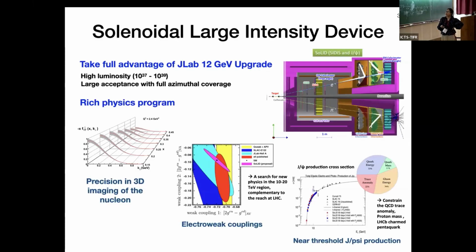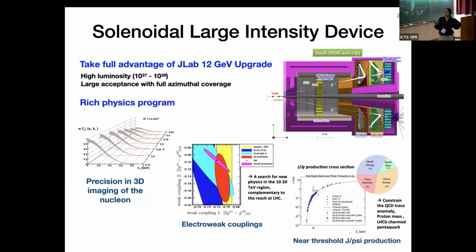And the last one I mentioned is the so-called SoLID. This is at JLab, and the SoLID detector really takes advantage of the high luminosity of the electron beam and the flexibility there, and has this full detector package here.